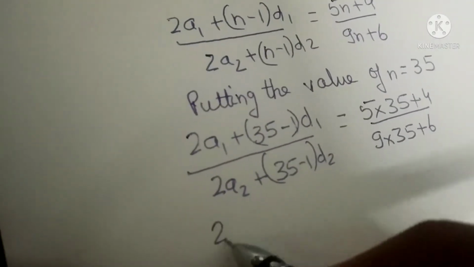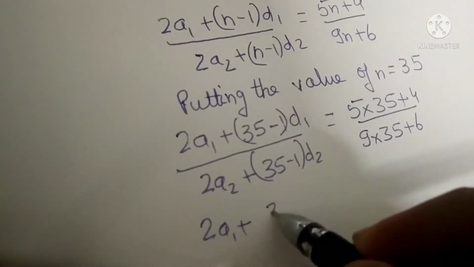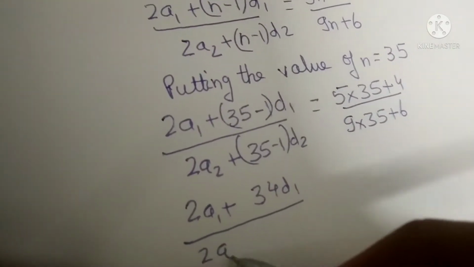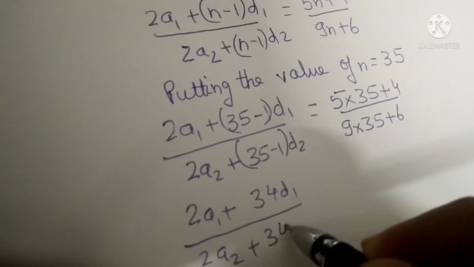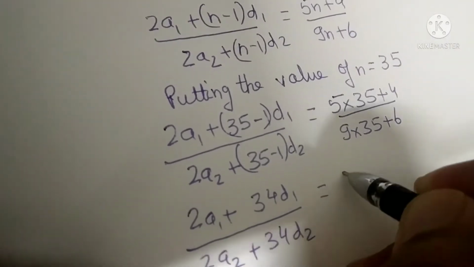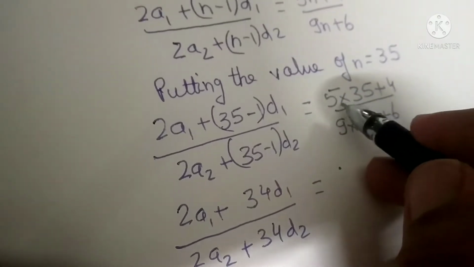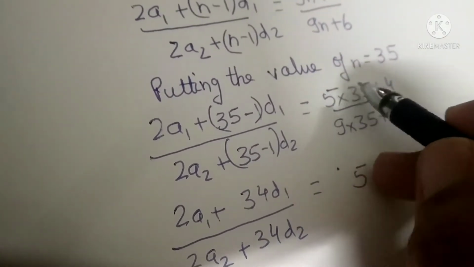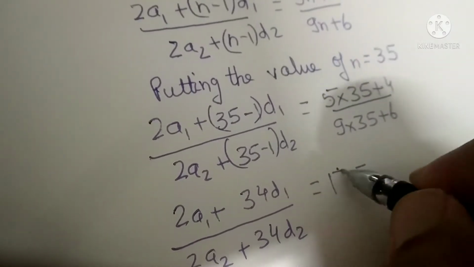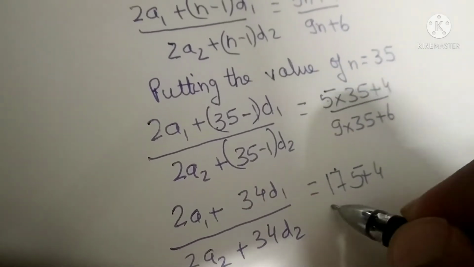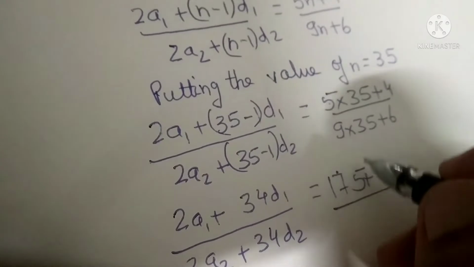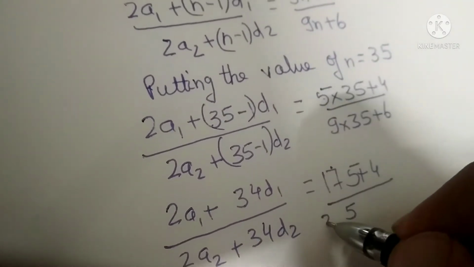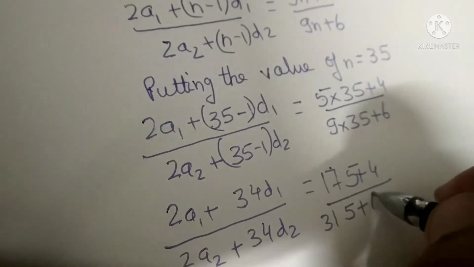So this is 2a1 plus 34d1 divided by 2a2 plus 34d2, which is equal to 175 plus 4 divided by 315 plus 6.